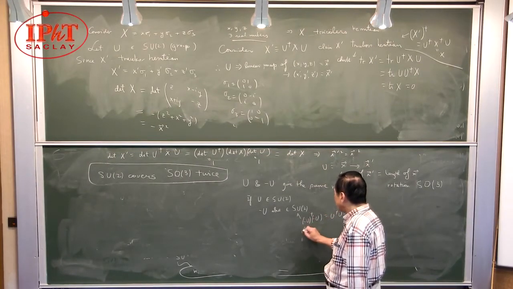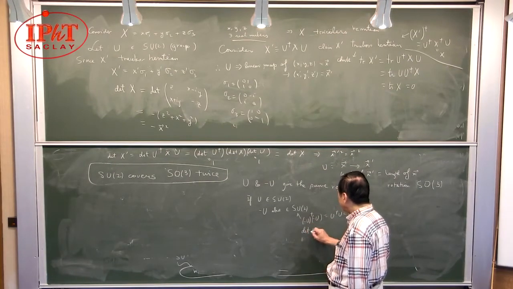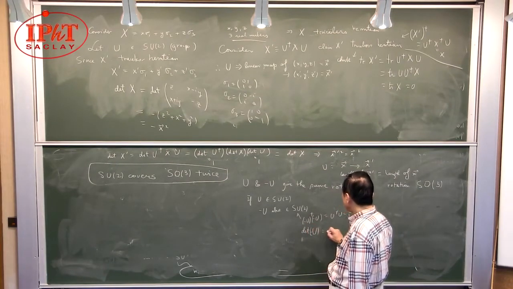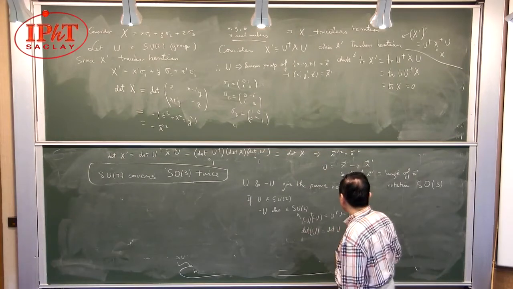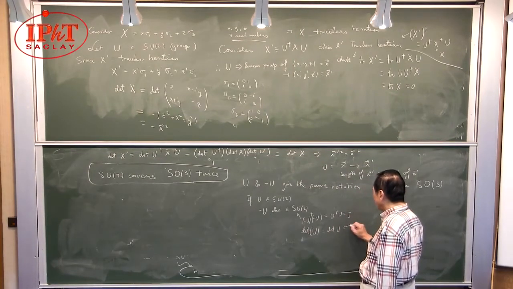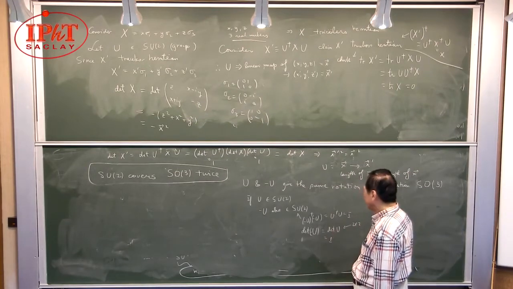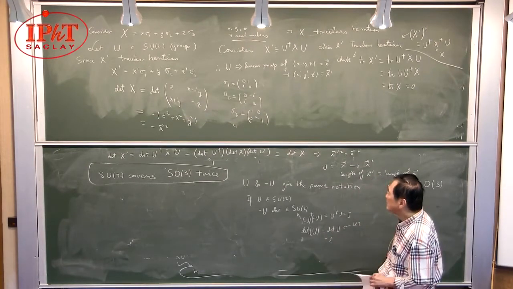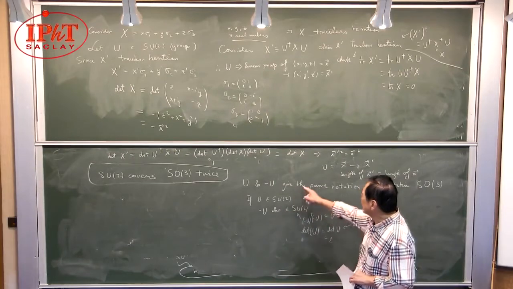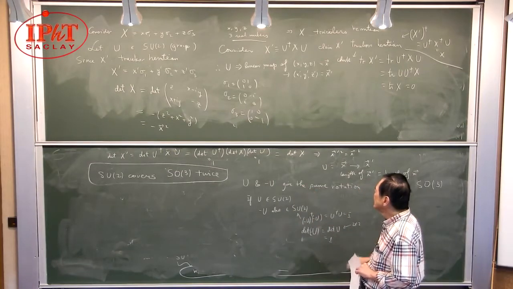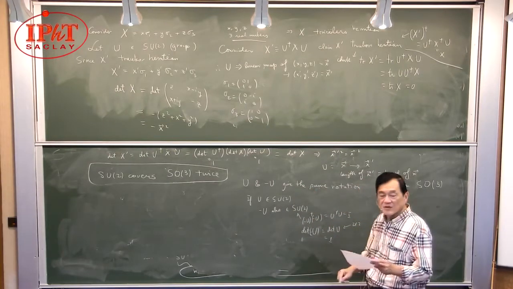And the determinant of minus u is equal to the determinant of u because u is 2 by 2. But this only works because it's 2 by 2, right? The determinant of u is equal to 1. So if u belongs to SU2, minus u also belongs to SU2. And they give the same rotation.